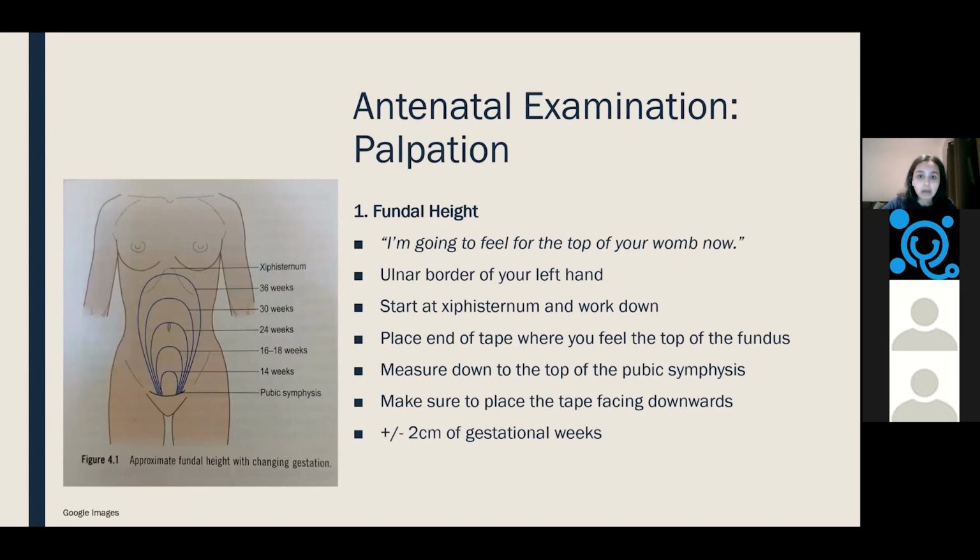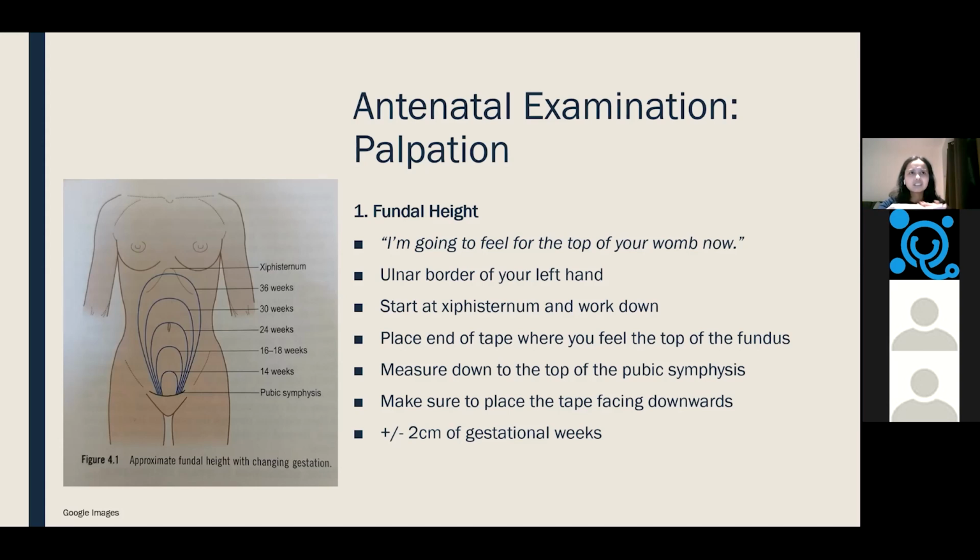First is fundal height. So you tell the patient, I'm going to feel for the top of your womb now. And what they say is you have to feel it with the ulnar border of your left hand. So if this is the abdomen, and this is the top, and this is the pubic symphysis, you go like this, and you start palpating for that fundus.